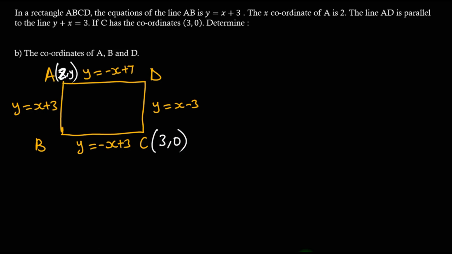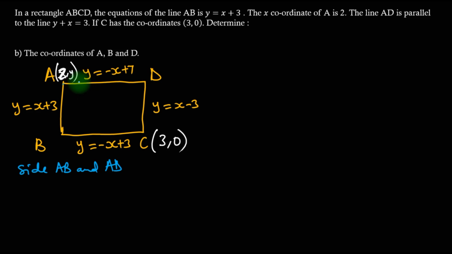Therefore, we can get the coordinates of A. So we consider sides AB and AD. Since A is common, we are going to equate the two equations such that we get the value of x and the value of y.